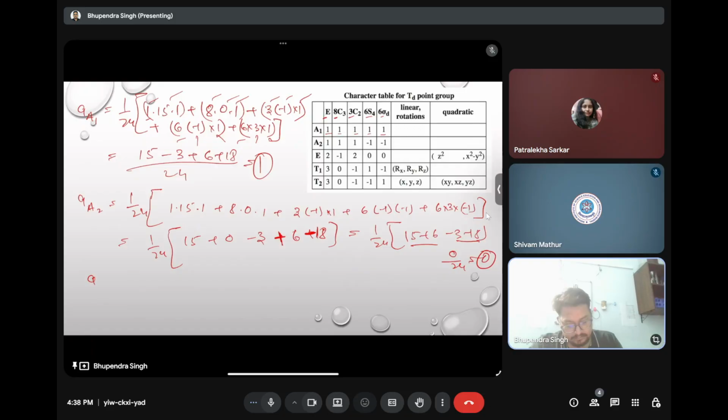Similarly for E, 24 by 24 equals 1. If you solve it, you will get it like that. And for T1, 24 by 24, 1. Then T2, 72 by 24 equals 3. So what will be your reducible representation?